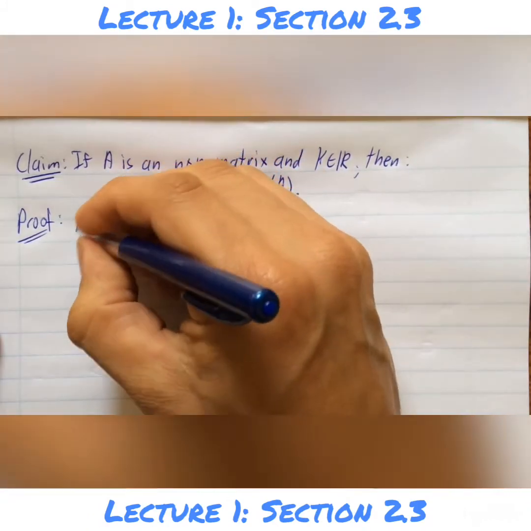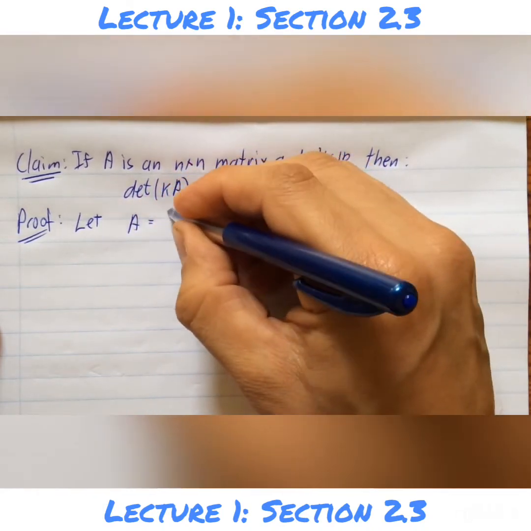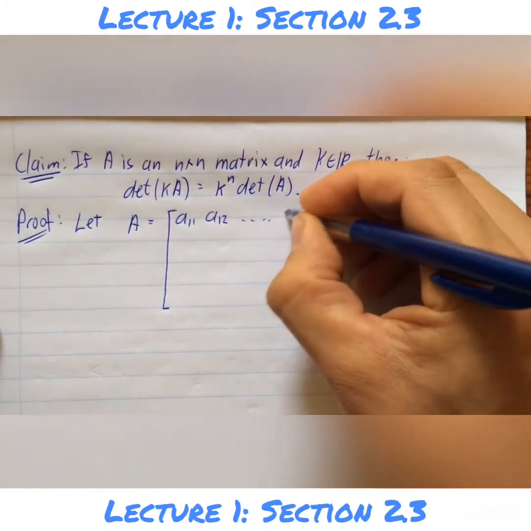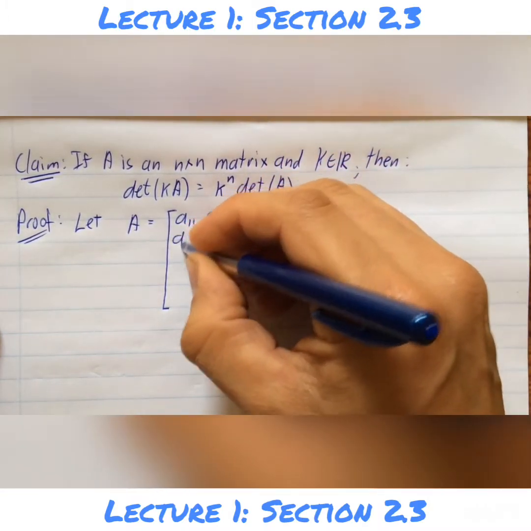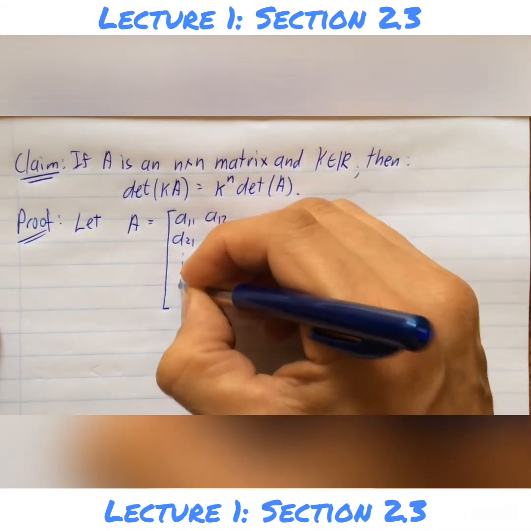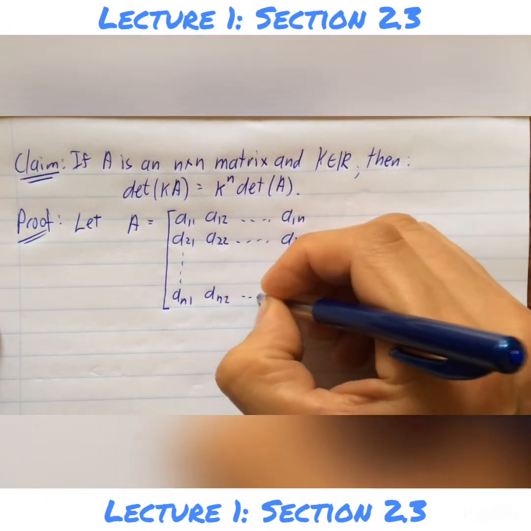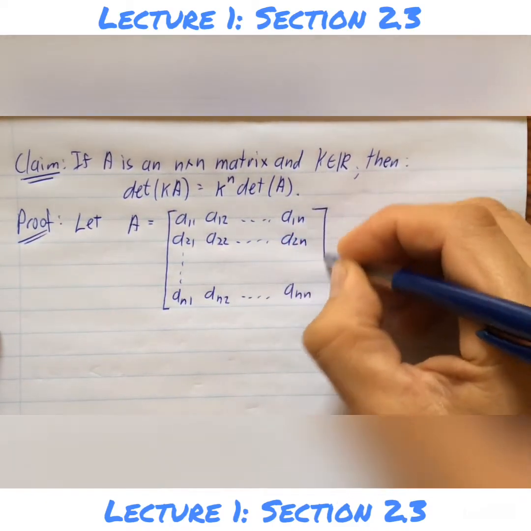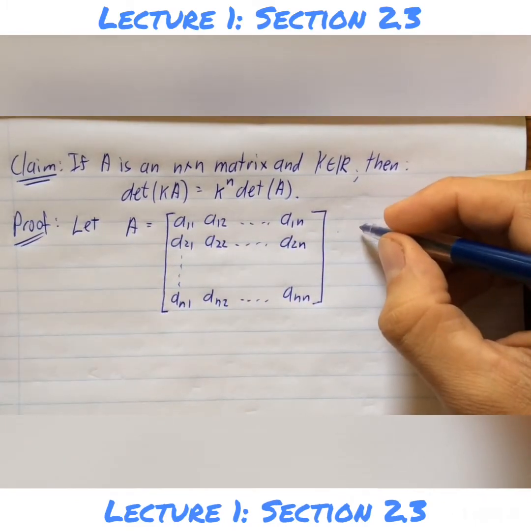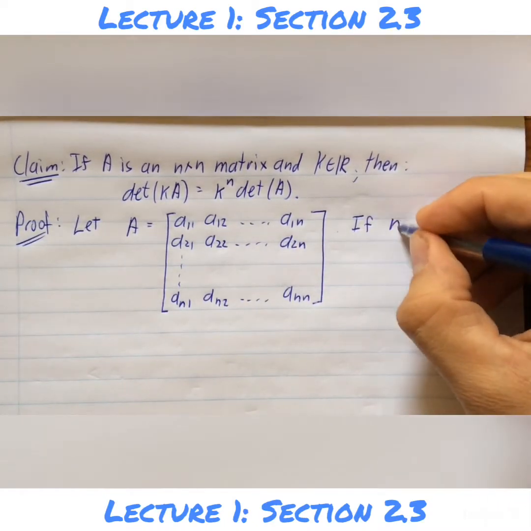Alright, so what we're going to do is let A be defined by this matrix here. Okay, so what happens if n is 2?